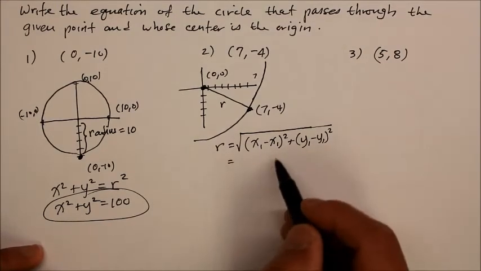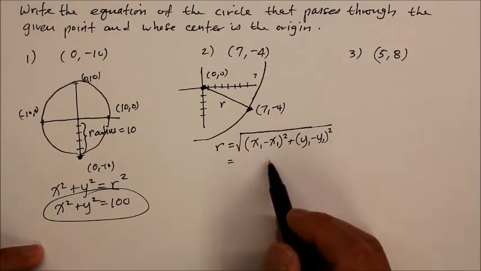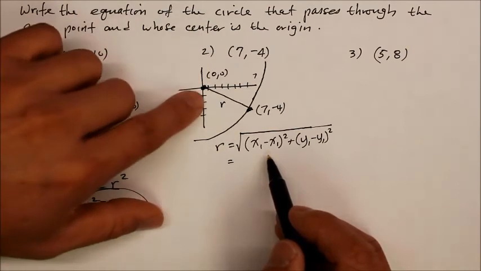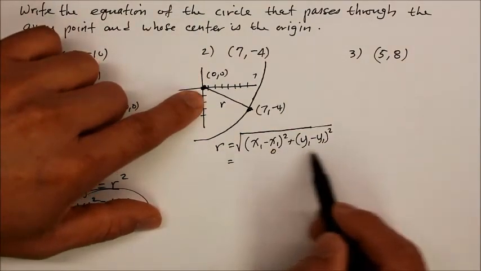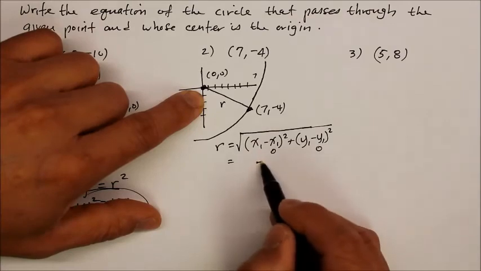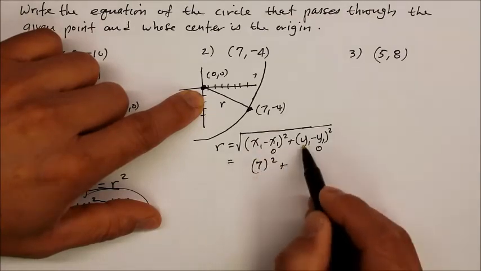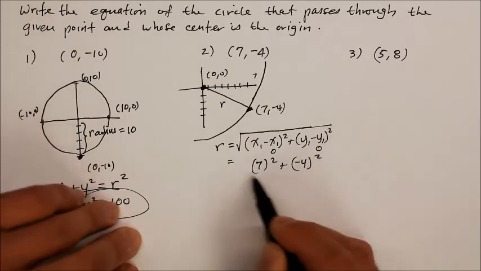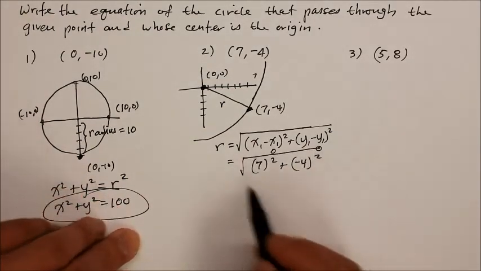So when you plug it in, life is so simple. Remember, the first coordinate is 7 and negative 4, but the second is 0 and 0. So that's 0 and 0. It's easy. So x is 7 squared plus the y is negative 4 squared, and whatever you get is a square root.